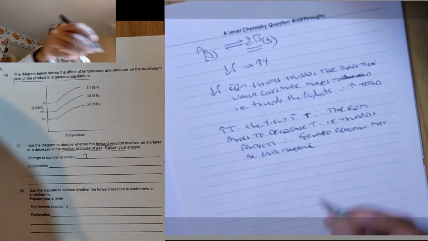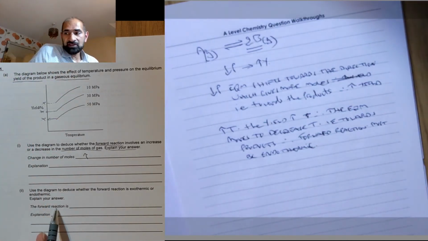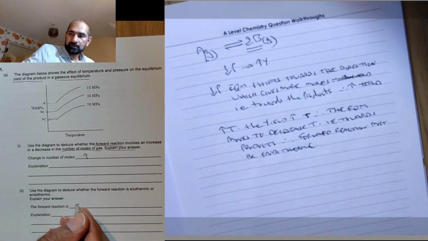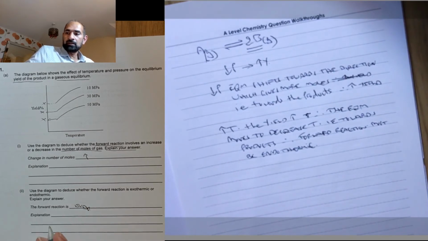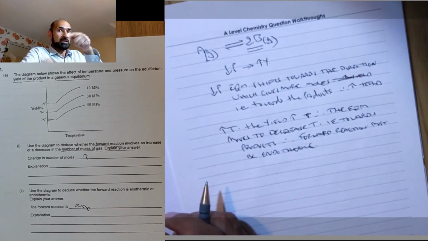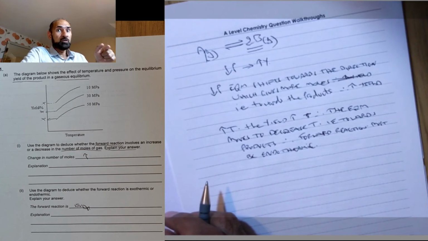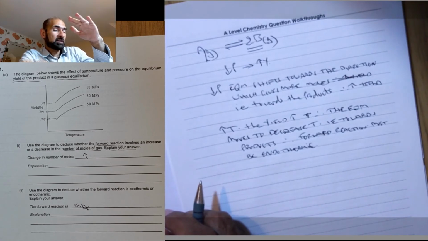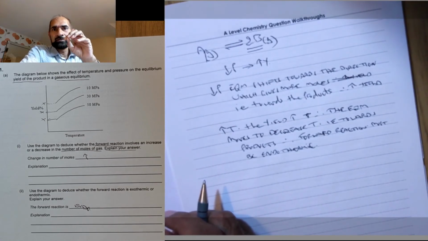So the forward reaction is endothermic. The explanation is it's endothermic because when you increase the temperature, the yield is increasing. So the equilibrium is moving towards a side which has got lower temperature. And of course that means going forward must be endothermic.